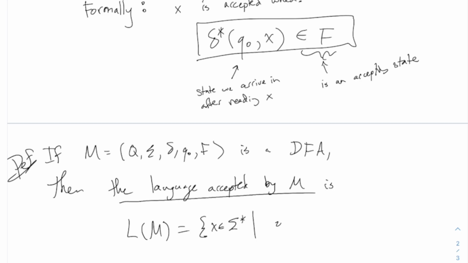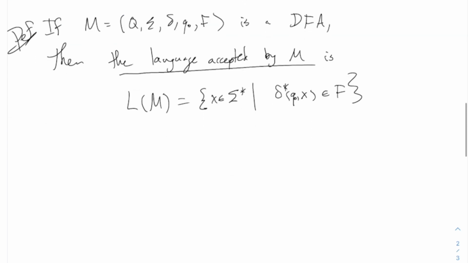Which means when you start in the starting state and you do X, it ends up in one of the accepting states. There you go. This is the formal definition of the language accepted by the DFA. It looks very fancy when you write it like that.